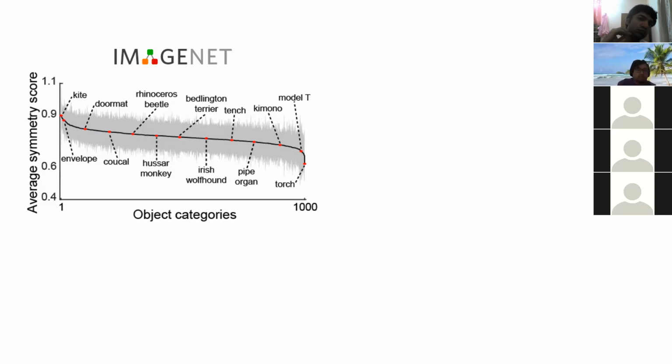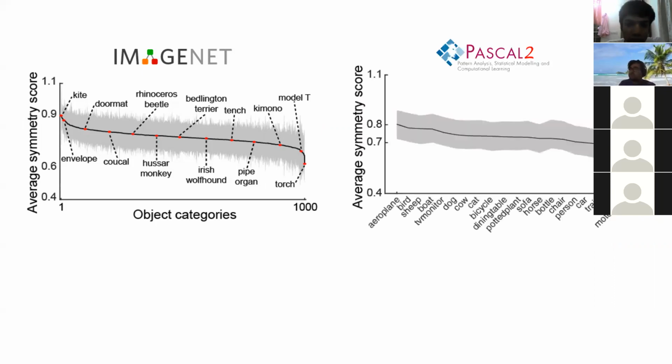ImageNet has a pretty good symmetry score. Most of these image categories have higher symmetry scores, and they have a wider range of symmetry scores. What this implies is that if you introduce symmetry features into your classification pipeline, there are better chances that they'll be useful on the ImageNet dataset. Whereas if we do the same thing on Pascal VOC, there's not a huge variation in the symmetry score.